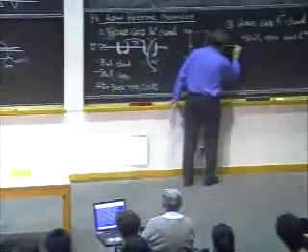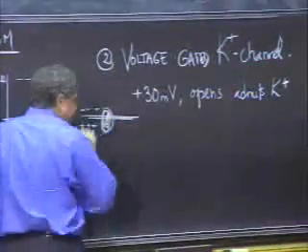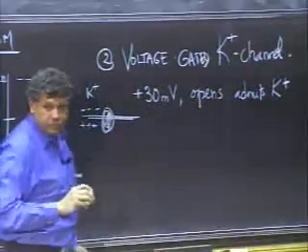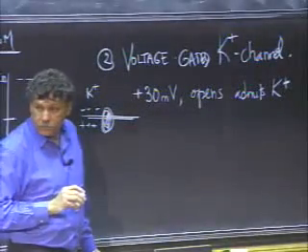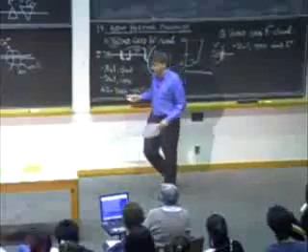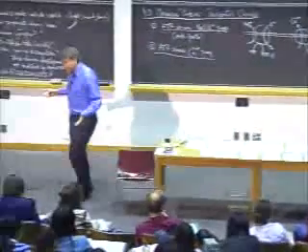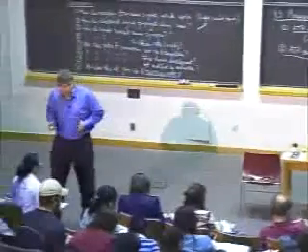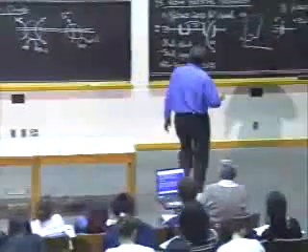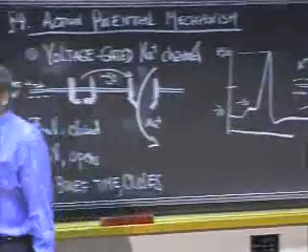Well, if the cell is positive on the inside, negative on the outside, what happens to our potassium? Potassium starts coming out because there's more potassium on the inside, and there's also a favorable electrical gradient. So potassium explosively starts rushing out and rapidly reestablishes the resting potential.